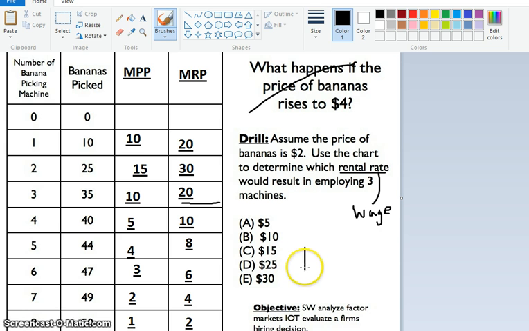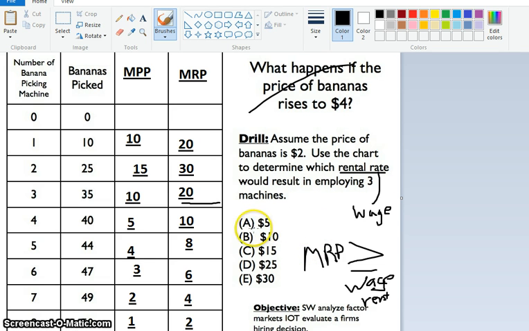So remember, the rule remains the same. MRP must be greater than or equal to your wage, or in this case, your rent. And I realize that is not the easiest thing to read. Whatever. Okay? Well, let's just go through here.